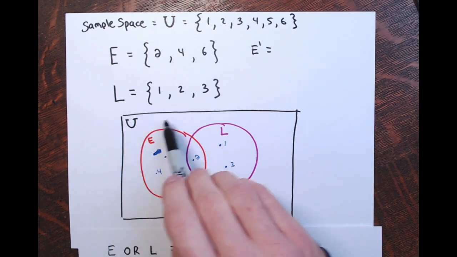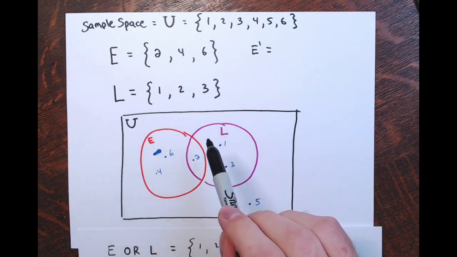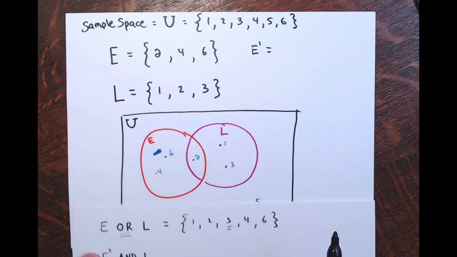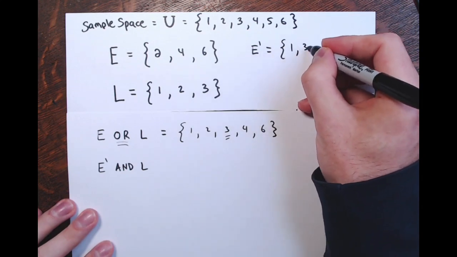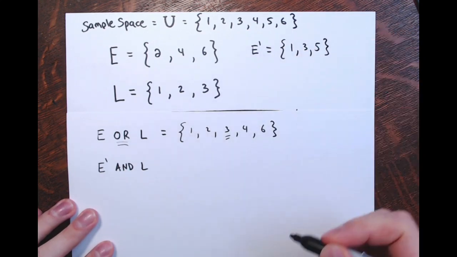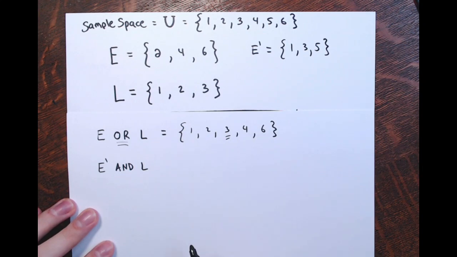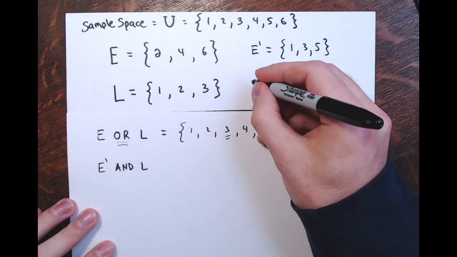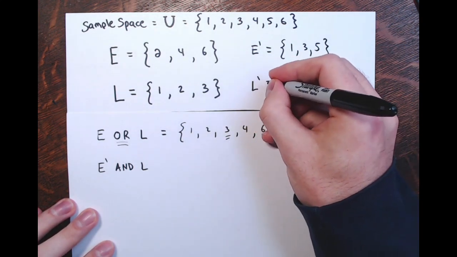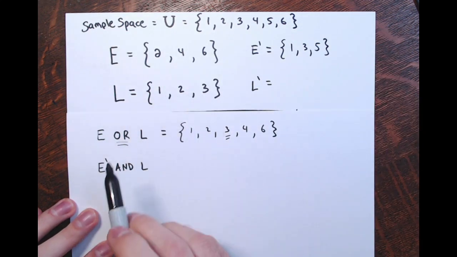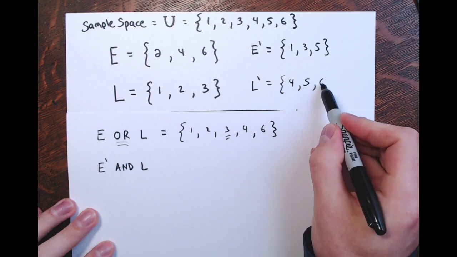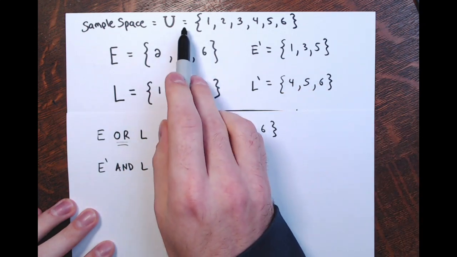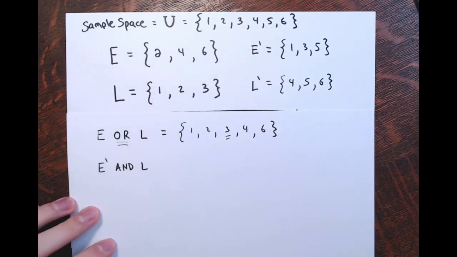All the outcomes here, the only ones that aren't in E are 1, 3, and 5. So not E is the set of odd numbers, because remember, E was the set of even numbers. I'll also put not L. Now L was the numbers less than 4. Not L would be the numbers greater than or equal to 4: 4, 5, and 6. These are the numbers in the universal set that are not in L.